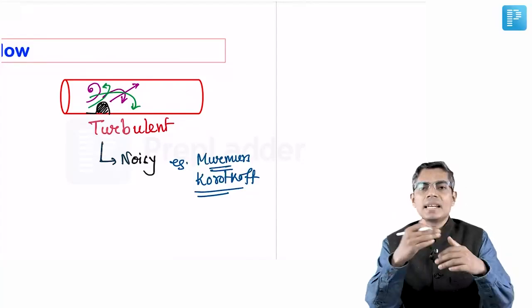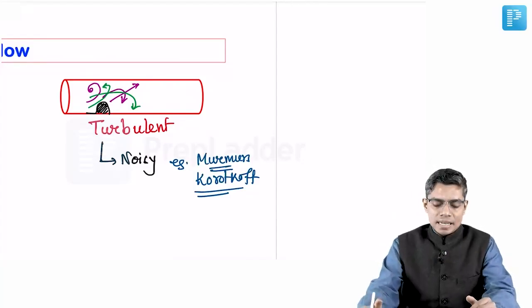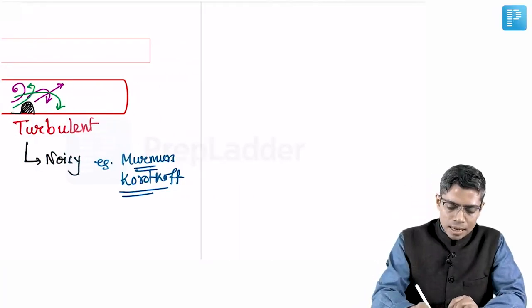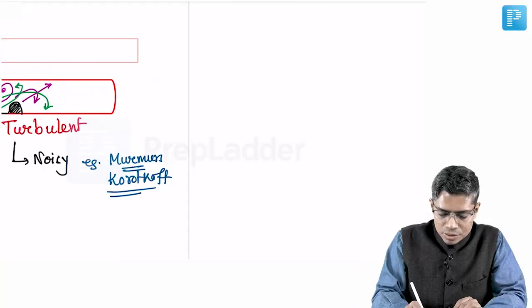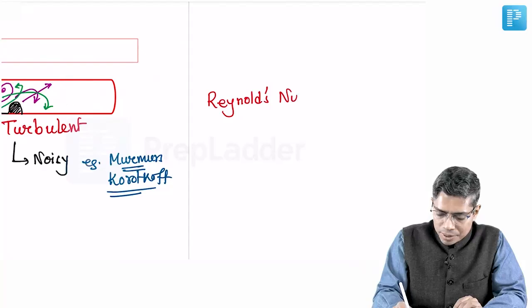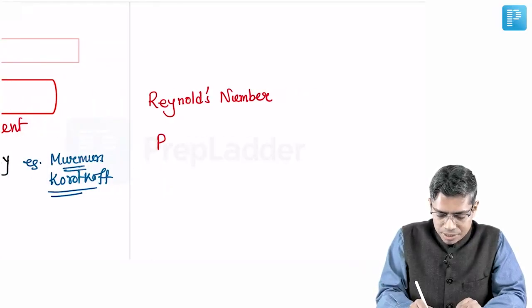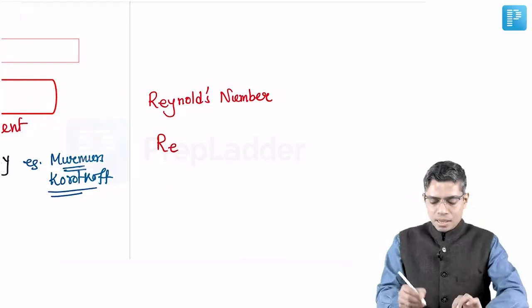So now, can I determine whether the blood flow inside the blood vessels will be laminar or turbulent? The answer is yes, by calculating a number, and that number is known as the Reynolds number. Reynolds number is denoted by Re.